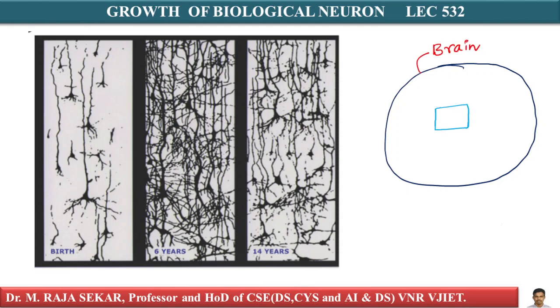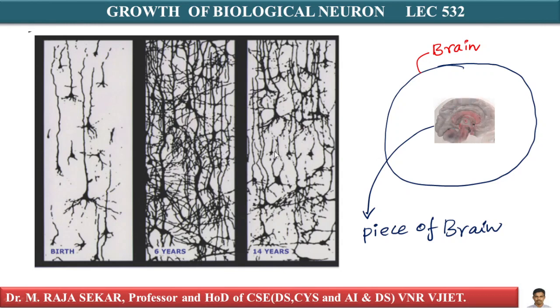Here you have the brain. From that brain, they collected a small piece or slice, and visualized each individual neuron under a microscope. This research is very old.